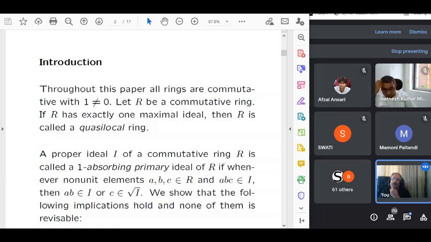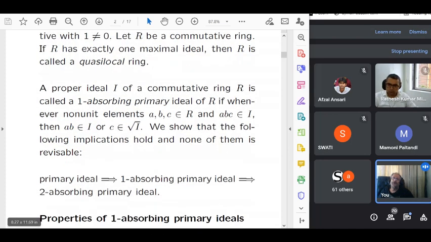In the one absorbing primary, I want ab in I or c in the radical of I, whereas one absorbing prime means ab in I or c in I. And this concept has also been studied recently by at least, I saw, 3 or 4 papers on that concept.